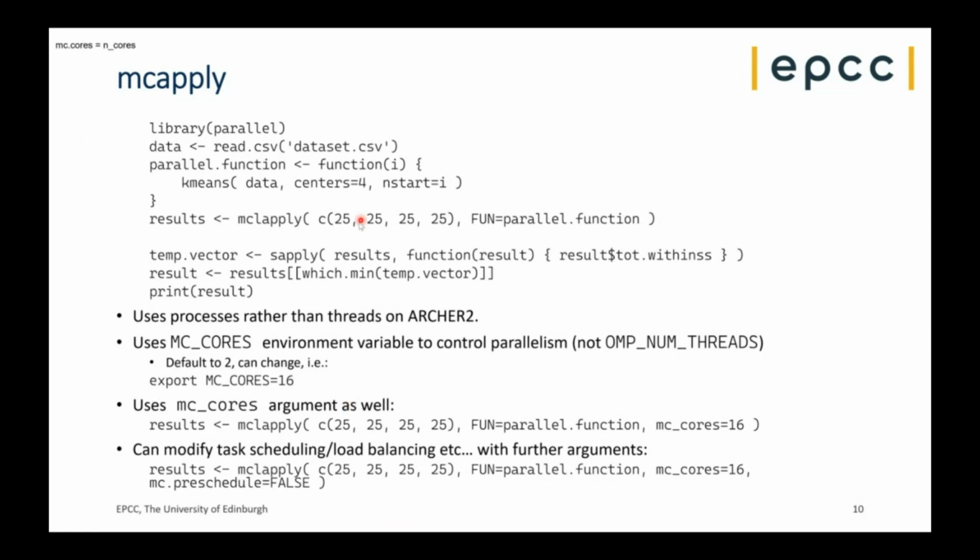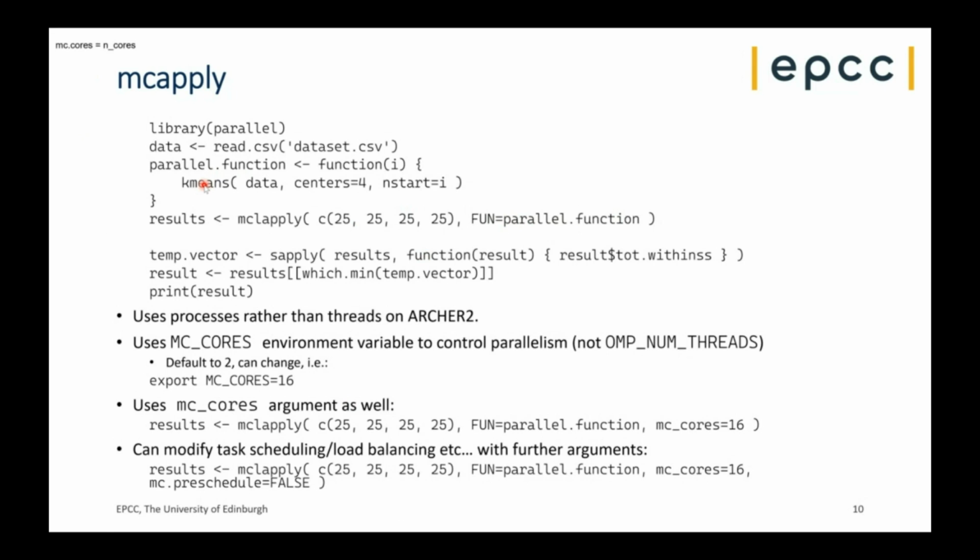So, if each one of these function calls takes the same amount of time, then none of this matters. But a lot of the time in parallel processing and actually in statistical analysis, one call to k-means might take a minute with a certain set of parameters, and another call to k-means may take 10 seconds.